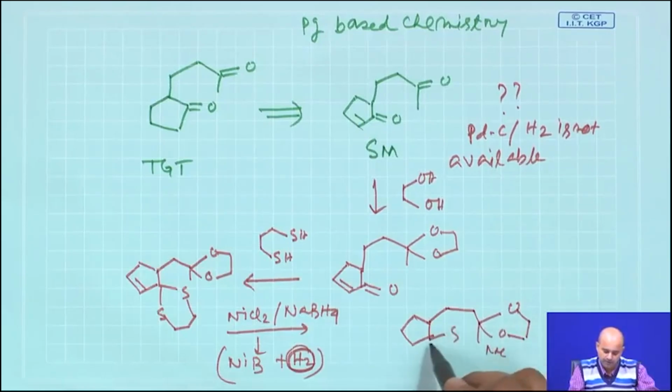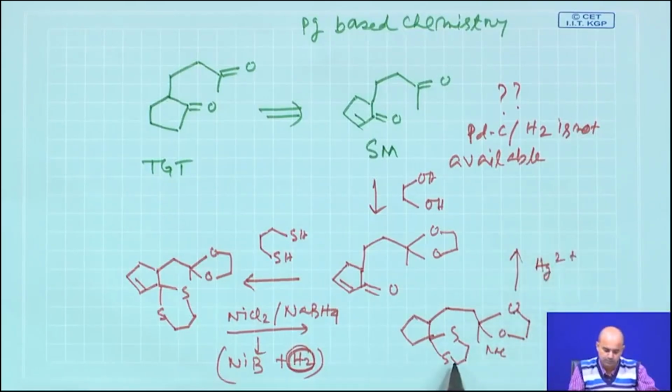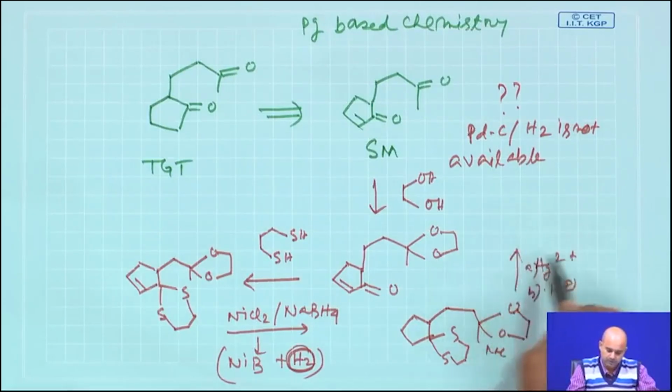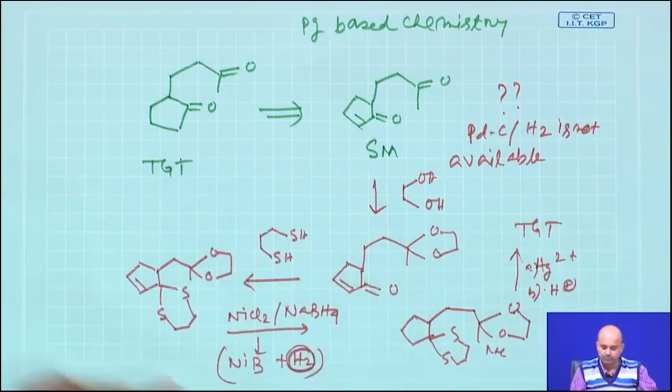So, your dithiane part remains similar. Next, you remove the cyclic ketal as well as the cyclic 1,3-dithiane. You first treat with mercury, which will remove this one, and then you remove the cyclic ketal by acid treatment to get the target molecule which was shown here.